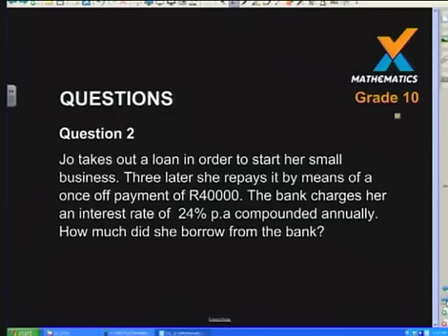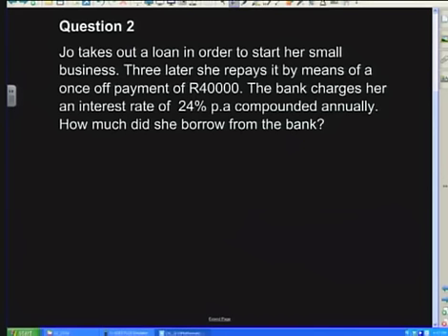So here we've got question 2 on compound interest, and it says, Joe takes out a loan, so now no longer an investment, a loan, in order to start a small business. 3 years later, she repays it by means of a once-off payment of 40,000 rand.